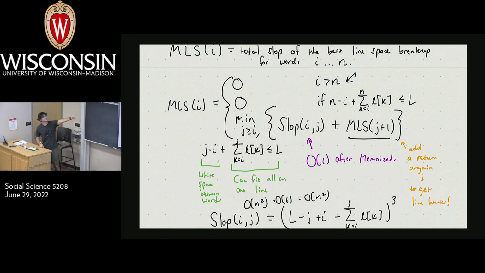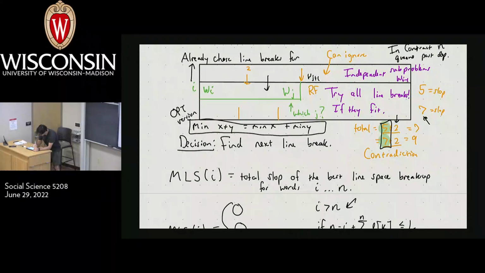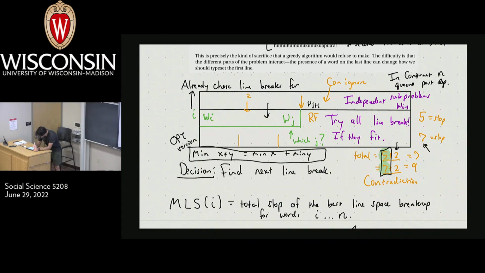So the min takes into account the future slop too, not just the current slop. It's the current slop plus the future slop, which is the overall slop for this particular choice of line breaks. So that's kind of the min x plus y thing. It's saying total slop equals current line slop plus future lines slop.